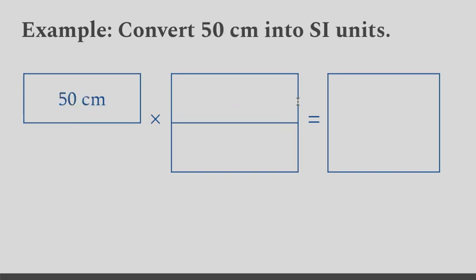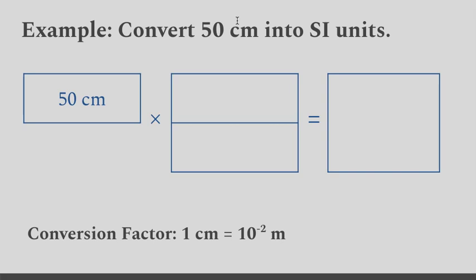The next example is converting 50 centimeters into SI units. So again, I can't really use centimeters in a physics question, but I can use meters, which is the SI unit. So I'm going to use my conversion factor between centimeters and meters. 1 centimeter is equal to 10 to the negative 2 meters. And again, I want centimeters to be crossed out, so I'll put that on the bottom.